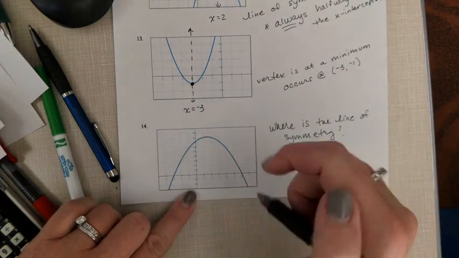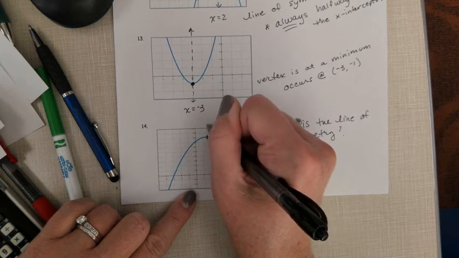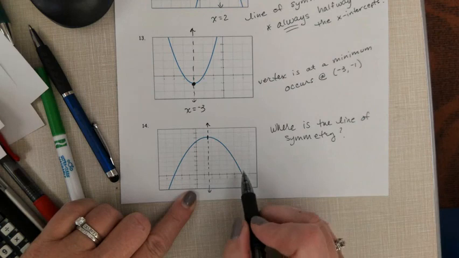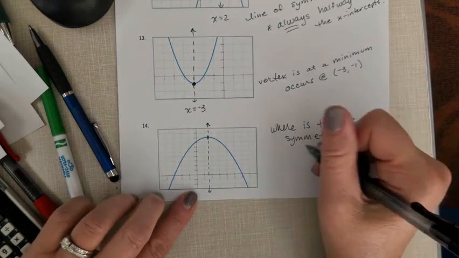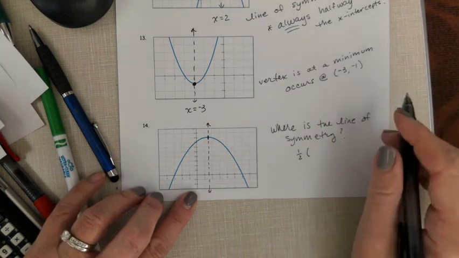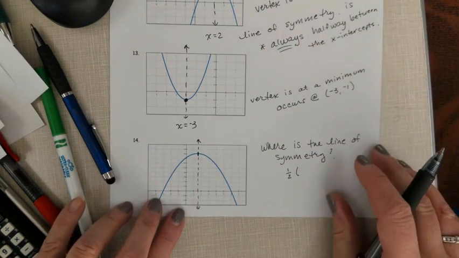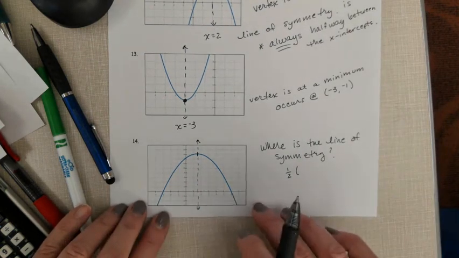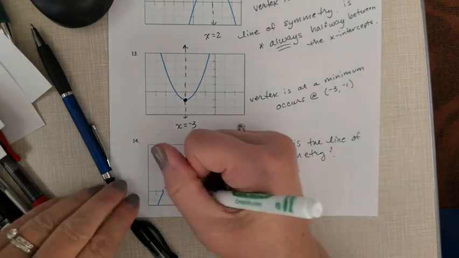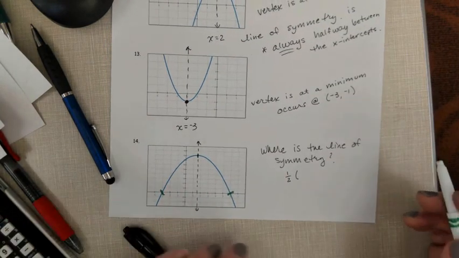Now this is kind of going backwards. So this line of symmetry is going to be right down the middle. If you folded this parabola in half, that line of symmetry would be halfway between the x-intercepts. So this is what I mentioned up here. Well, this x-intercept is -3, and this x-intercept is 6.